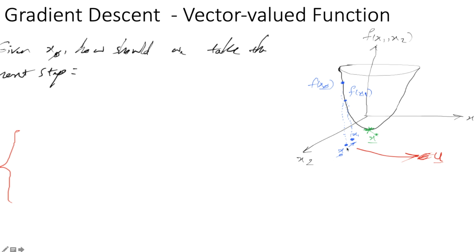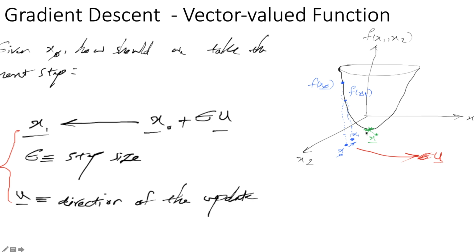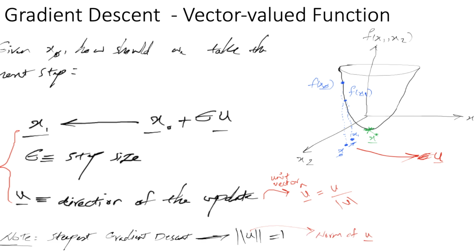So when we start from x0 and we go up to x1, this u was shown by this direction, and it would show us the direction towards the x star. And I mentioned that u is a unit vector, and the unit vector can be calculated as u divided by the norm of u, and we call it u hat or u itself as a unit vector, right?